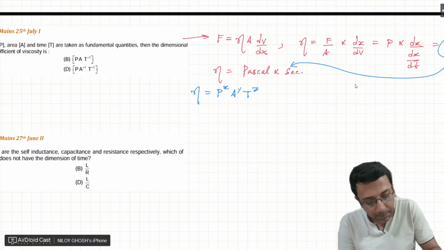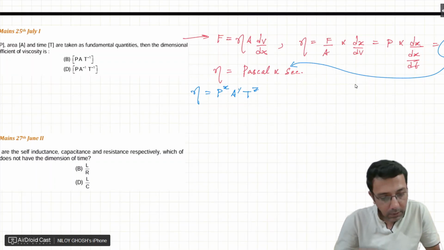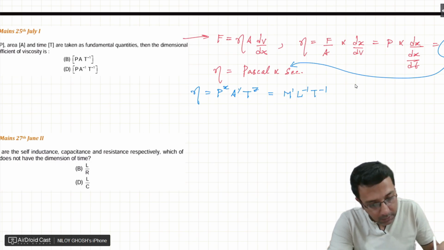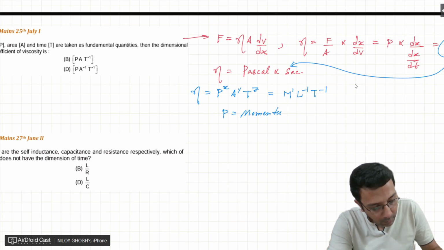Let us simplify it further. Pascal second can be written as M1 L minus 1 T minus 1. Let me write down the value of momentum, that is P. Momentum is equal to MLT minus 1.